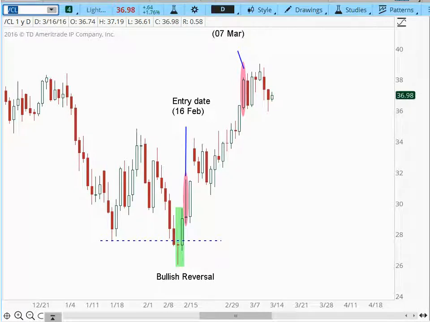Okay. Just before that, let's take a look at the crude oil on why I entered the position on the 16th February.